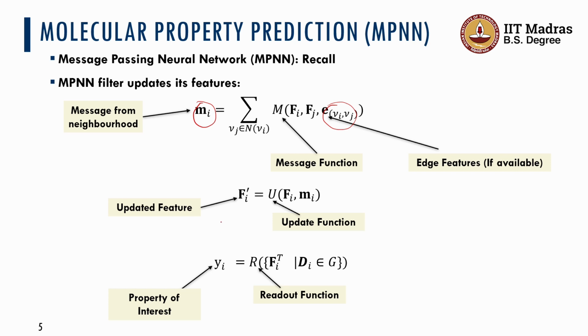Then it will use the previous feature and the new message to update the current feature using the update function.